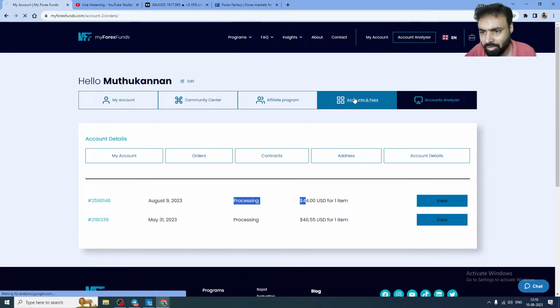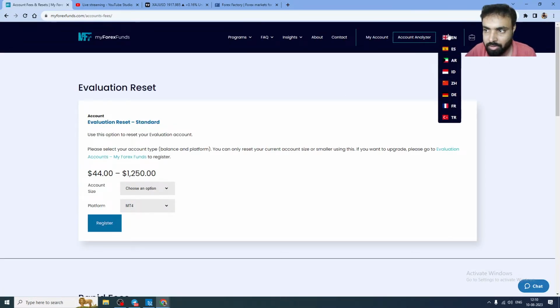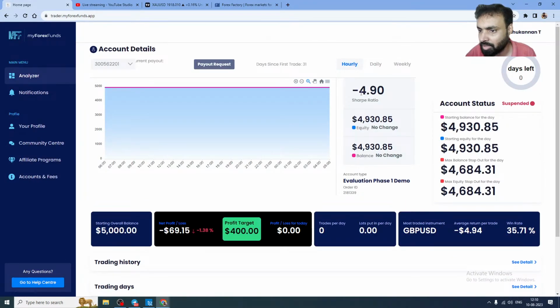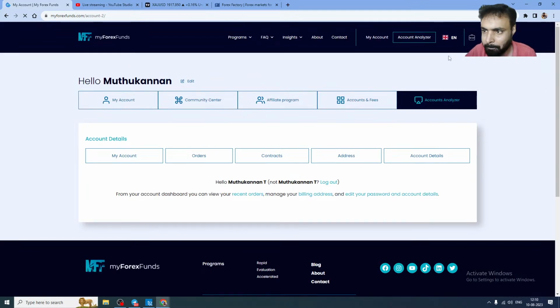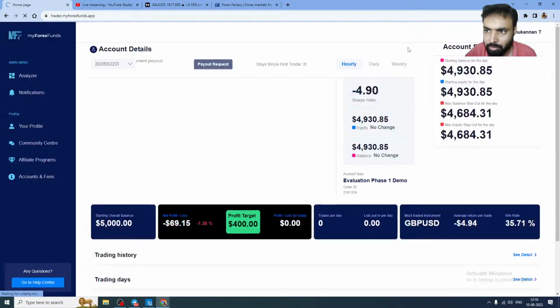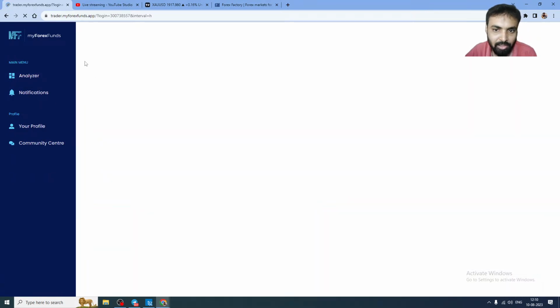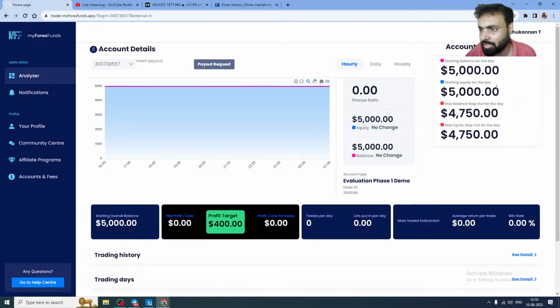Today morning only it was activated, but it still shows our old suspended, previous $5,000 challenge. It is not showing the recent one. Maybe it will take some time to update, or I have to check with them again. Okay, now it is updated. Now you can see this is our active account.